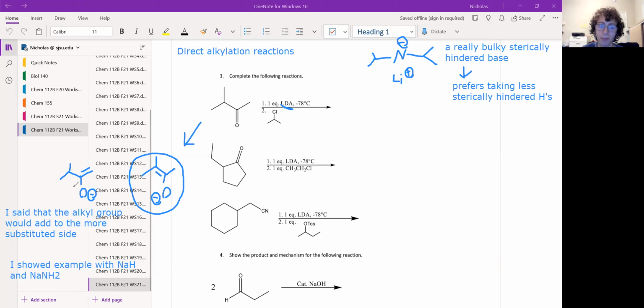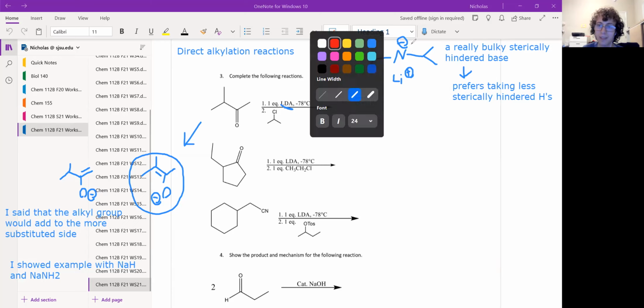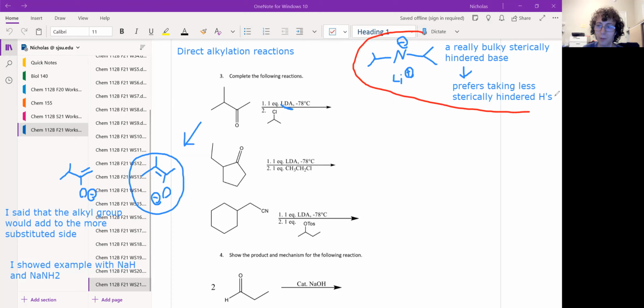So it might not be the first thing that you would consider, but this is the correct way to approach these reactions. Because you are using a very bulky base, and again, as far as I can tell, you're only going to have to worry about this base. Since it's bulky, it prefers taking the less hindered protons.